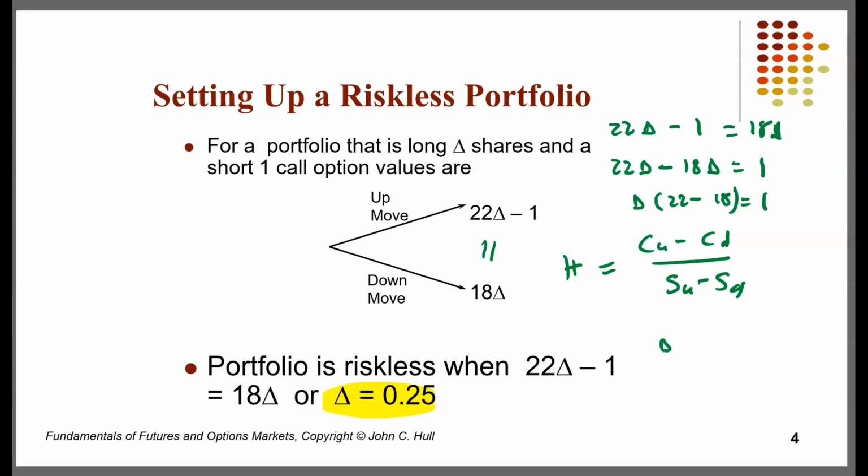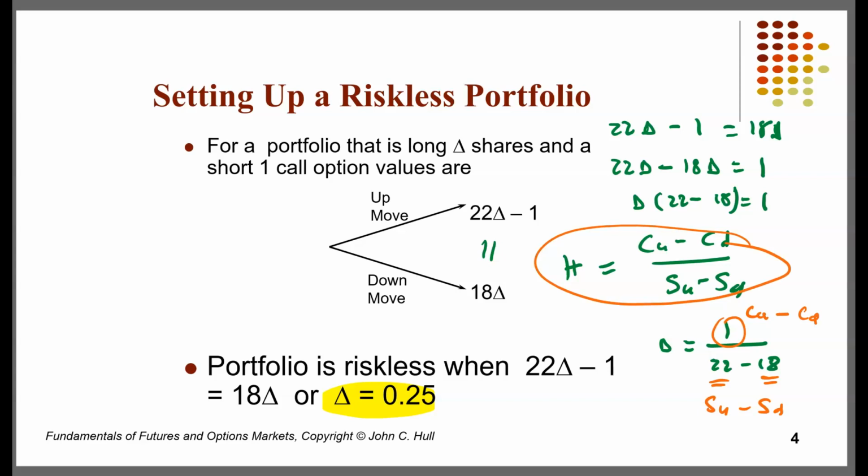And that means that delta is going to be equal to 1 divided by 22 minus 18. Now, 22 is S up, 18 is S down, 1 is call up, and we know that call down is 0. And that's exactly the same that we have here. So the delta that we have is 0.25.